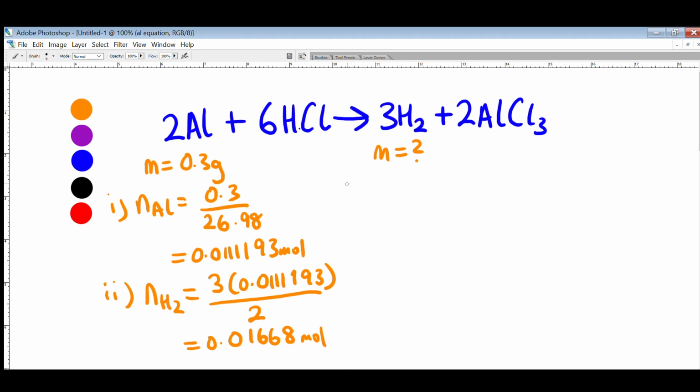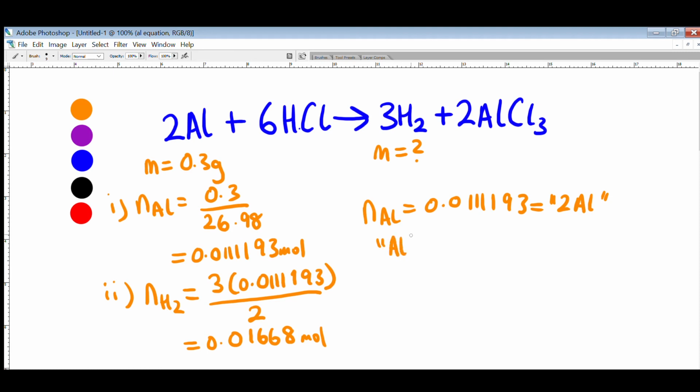Okay, so that's a pretty non-mathematical way of reasoning it. But if you're curious and want a more concrete mathematical explanation for it, let's have a look at that. So we know that essentially n of Al is equal to 0.011193, and we know that this is essentially 2Al, in inverted commas, from the stoich ratio.